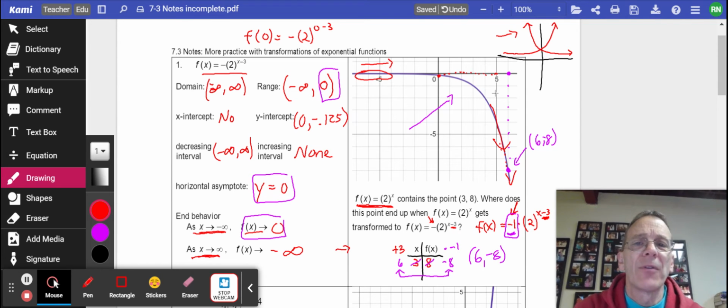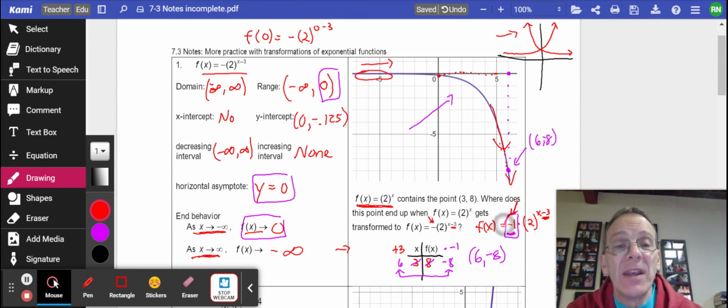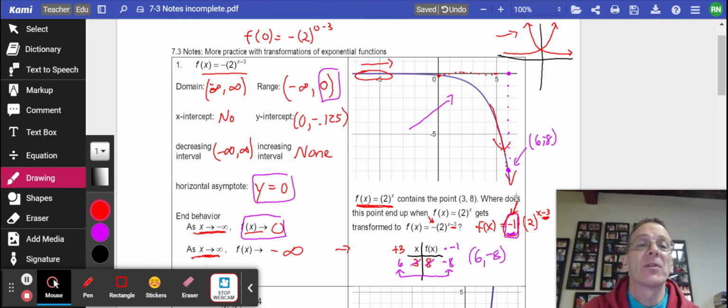But because we have reflected with this -1 of function, we've taken essentially this function here, right, and reflected it across the x-axis. So now it looks like that.